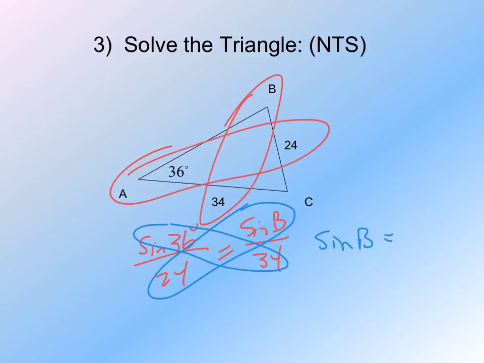So let's try this. 34 times sine 36, enter, divide by 24, enter, gives me about 0.8327 if I round to 4 places. Now we're looking for an angle measure in degrees. How do we go backwards?